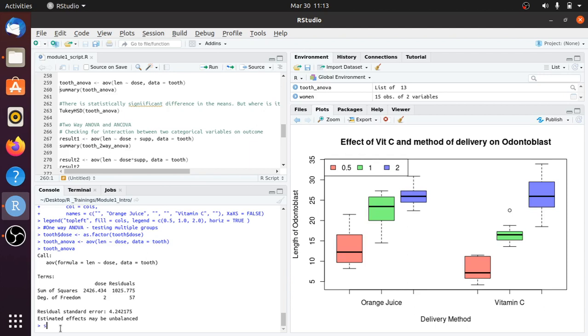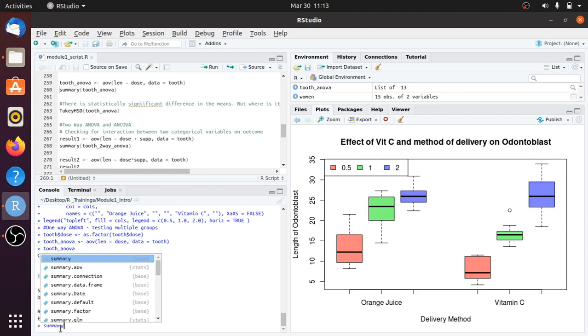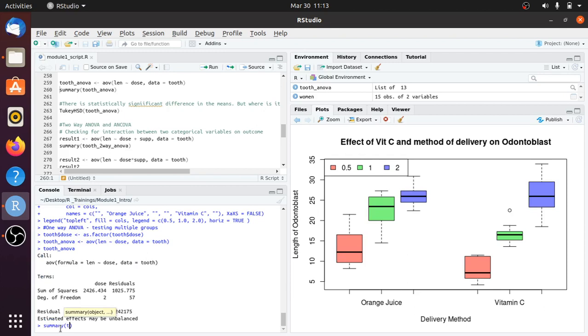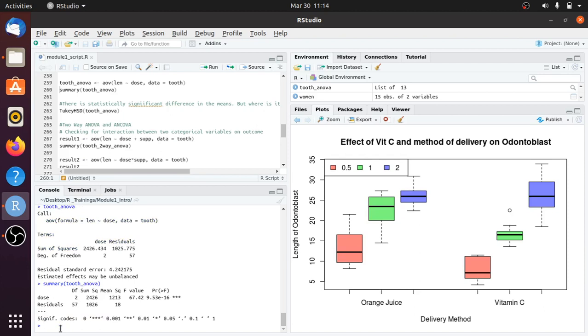Now for us to have the summary of our result, say summary, then your tooth_anova. You can see it's telling us that the degrees of freedom of the dose is 2, the residual is that, the sum of squares is this, the mean square is this, and the F value, because when you're talking about ANOVA, you have an F value.